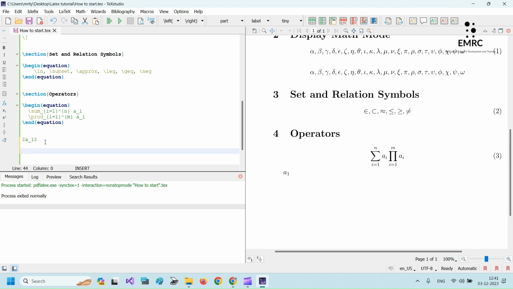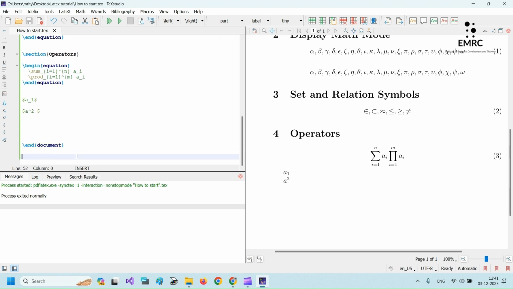Now if you want to write a square, start with a dollar a, then ^2. Now you see a square. You can use it.